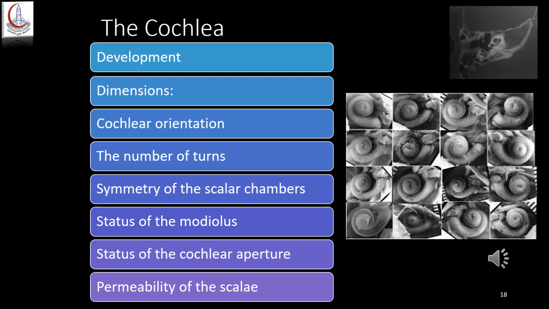And here is the first time we are going to look both at the CT scan and at the MRI to assess the development of the cochlea, its dimension, its orientation, the number of turns, the length of the cochlear duct, the symmetry of the scalar chambers, and the permeability of the scalar chambers as well.